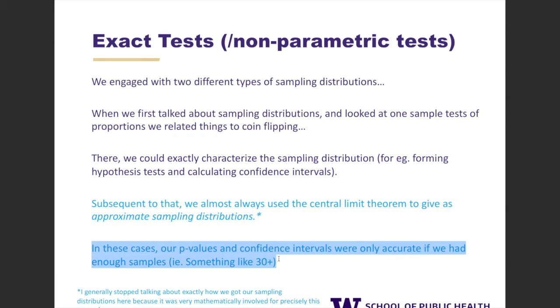We know they're there, and sometimes we are a little bit worried that we don't really have enough observations to support the use of an approximate sampling distribution, meaning we shouldn't really be running, for example, a t-test when we only have 10 observations, or a two-sample prop test when we only have 10 observations per group. In both of those cases, if you try to submit that in a manuscript, often the reviews will come back and say, you can't use these t-tests.